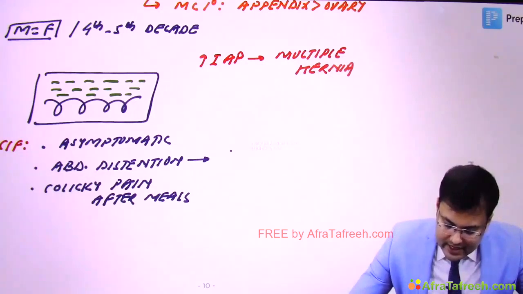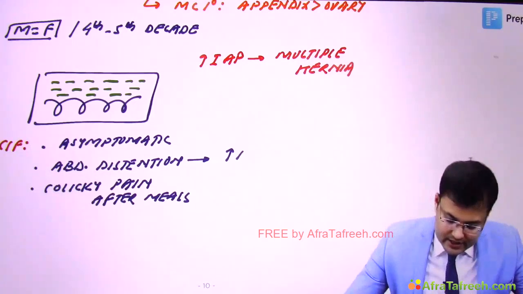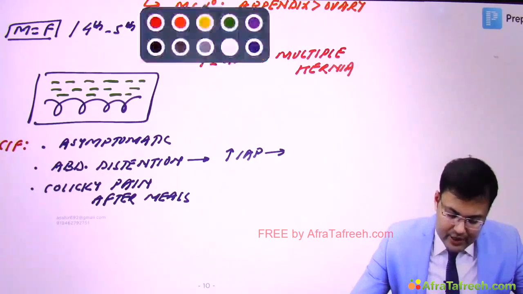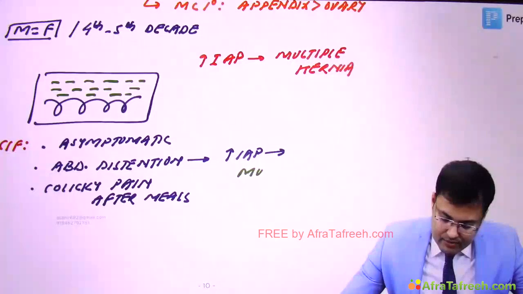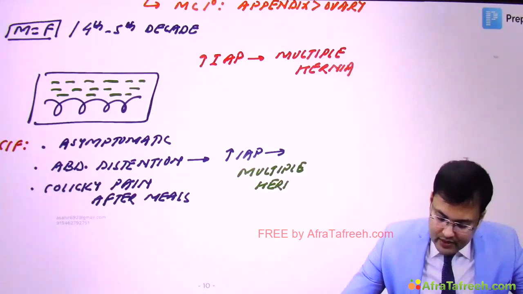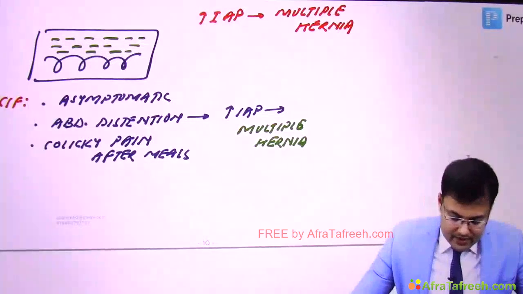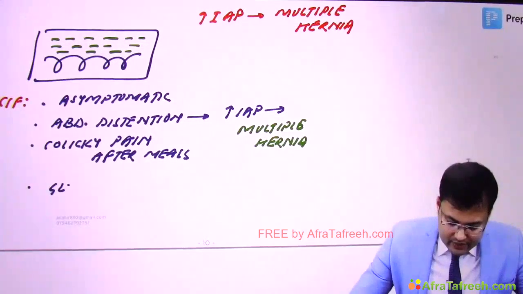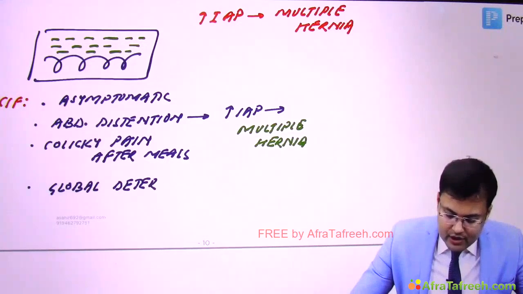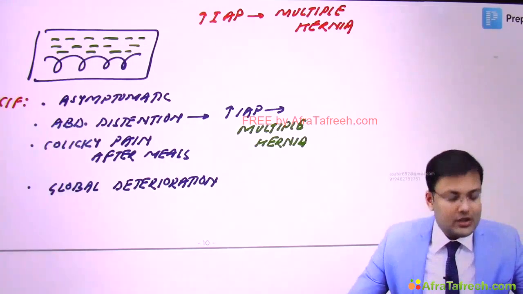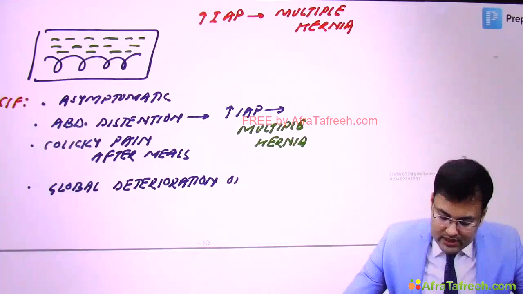And because of this abdominal distension, there is increased intra-abdominal pressure, and because of that, these patients might develop multiple hernias. And over a period of time, these patients have global deterioration of health. Why? Because amino acids are used up in production of jelly. So global deterioration of health.